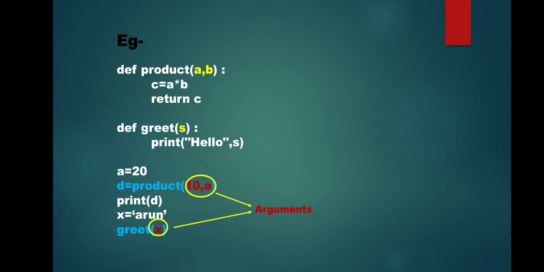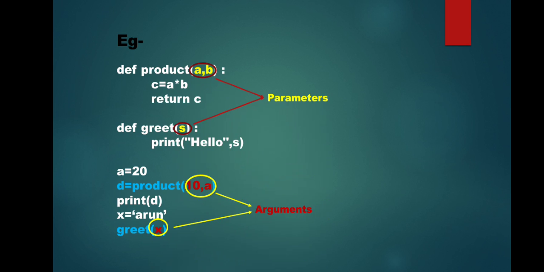As you can see over here, I have written 10 comma a. So 10 is a literal and a is a variable, right? We can also write an expression over here. But the values that are written in the function definition, that means a, b and s, are known as parameters.